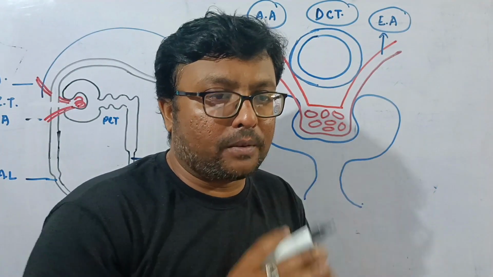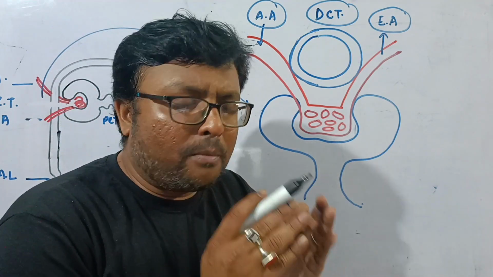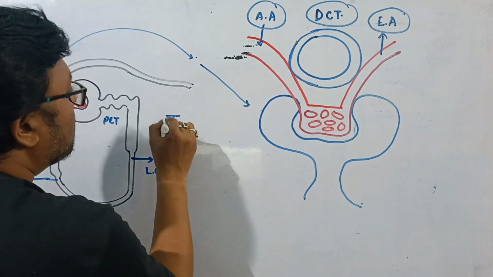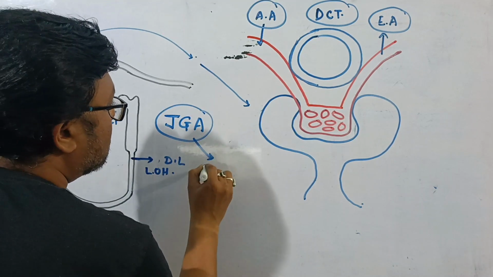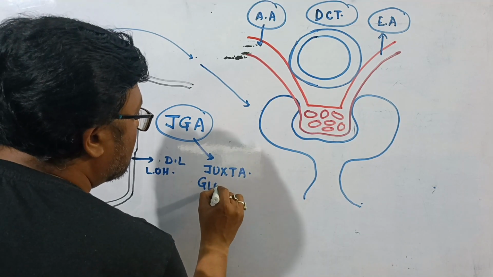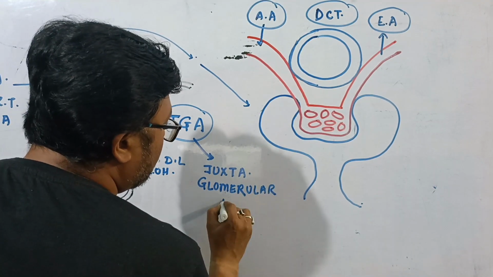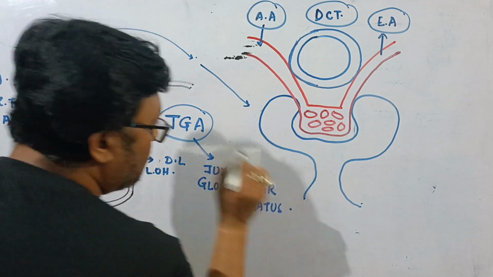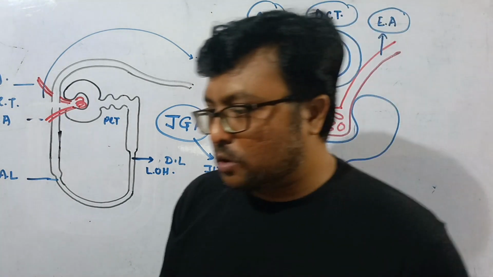They form a junction, and basically we can say that it generally forms an apparatus, and this apparatus is known as, can you say? এটা পড়া হয়েছিল আগে? JGA, juxtaglomerular apparatus.